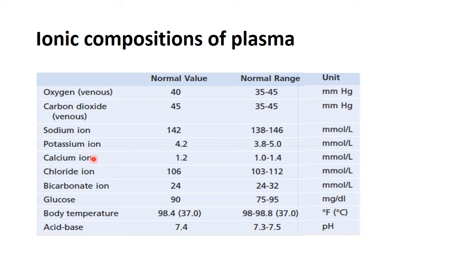So the sodium ions, potassium ions, calcium ions, chloride ions. Here potassium ions 4.2 millimoles, calcium ion 1.2, chloride ions 106, bicarbonate ion 24, glucose 90 milligram per deciliter, body temperature 98 to 98.8 degrees Fahrenheit is the normal range, and acid base pH 7.4, with a normal range of 7.3 to 7.5.